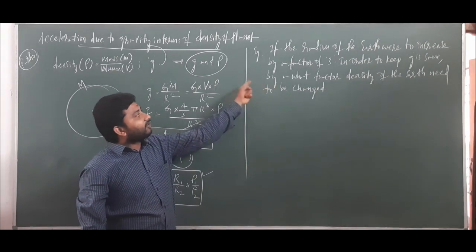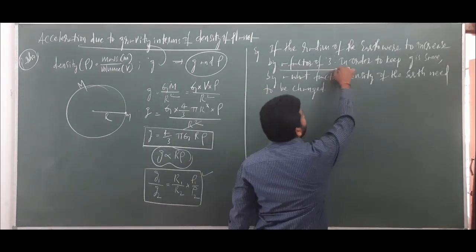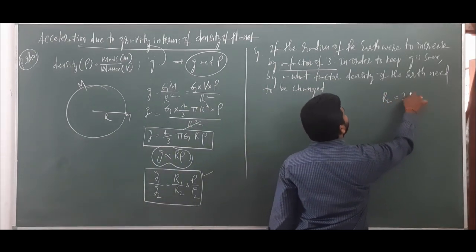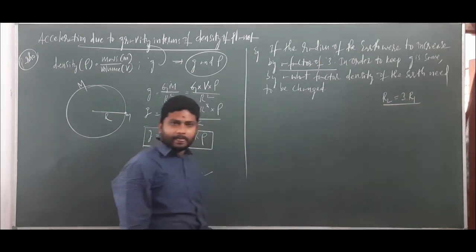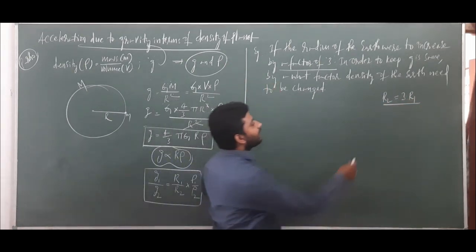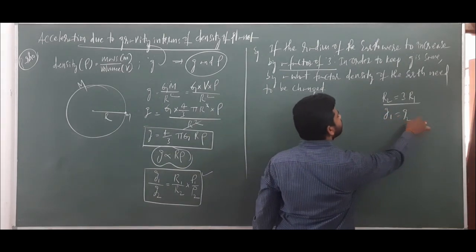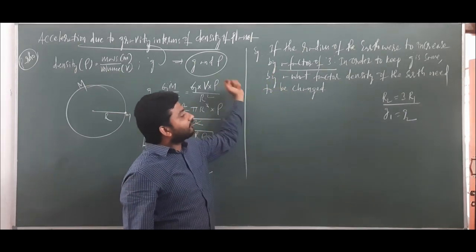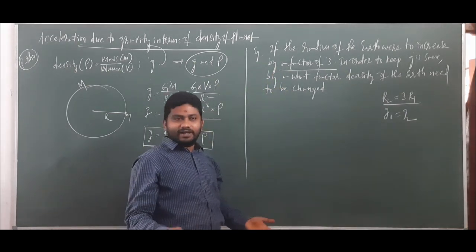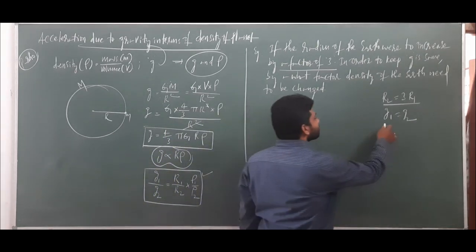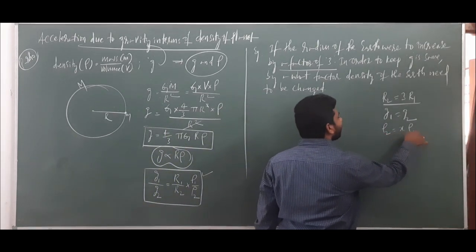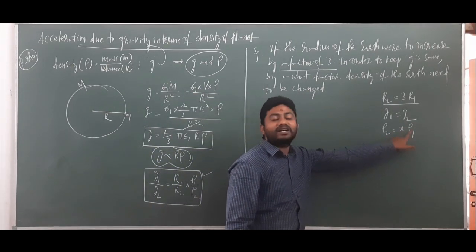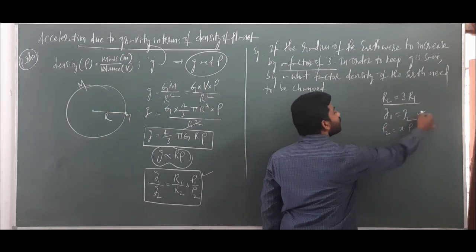The radius of the earth were to increase by a factor of 3. Given the radius is increased by a factor of 3. Now, to keep the g value the same, so g1 is equal to g2, g is constant. By what factor does the density of the earth need to be changed? So rho 2 is equal to x into rho 1. By what factor does the density of the earth need to be changed to keep the g value constant?